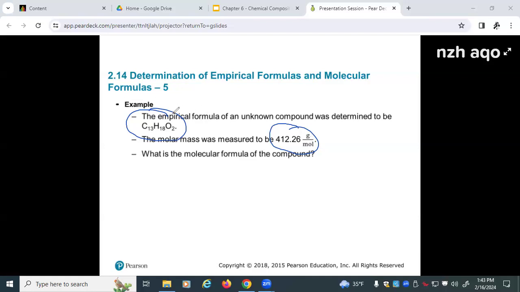So if I was going to take the molar mass of our empirical formula, 13 carbons times 12.01 plus 18 hydrogens times 1.01 plus 2 oxygens times 16, I get 206.31 grams per mole.